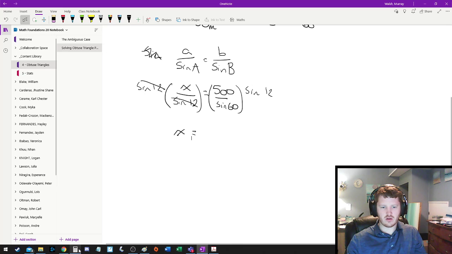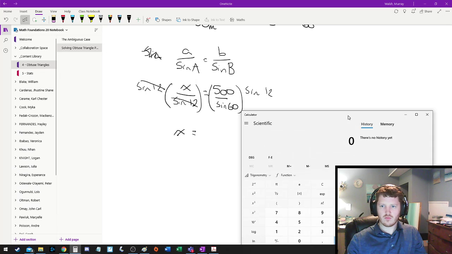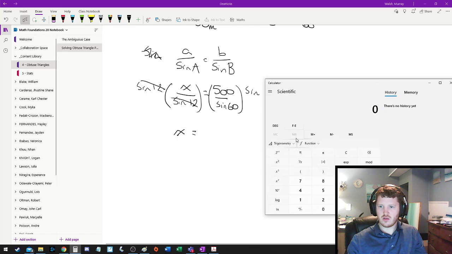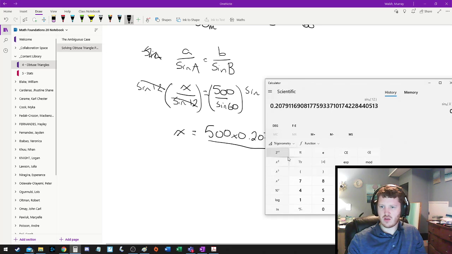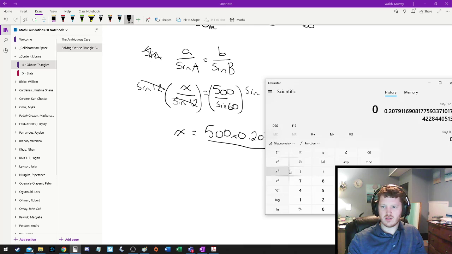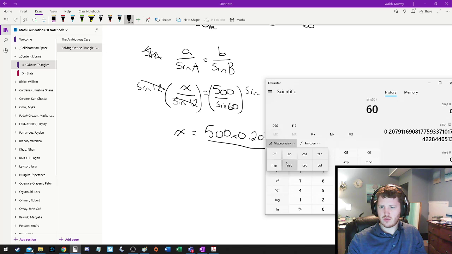So if we go to our calculator, we need to find the sine of 12, which is 0.2079. And we also need sine of 60. That's 0.8660, but just to make sure, 0.8660, good.